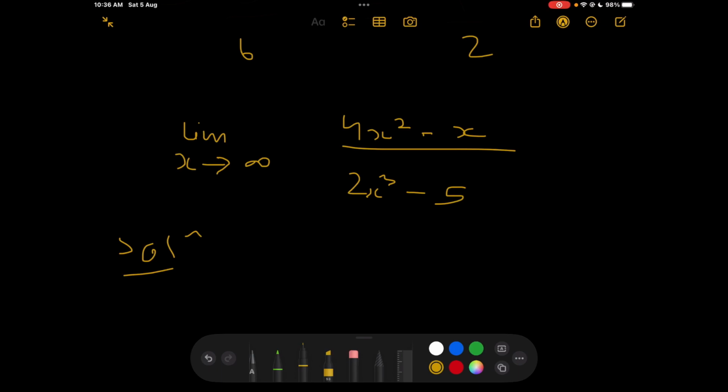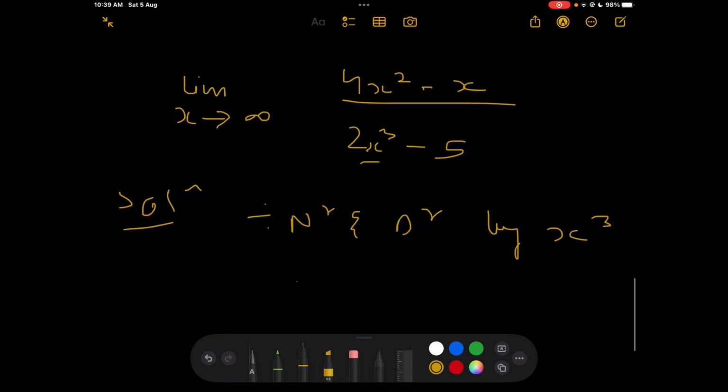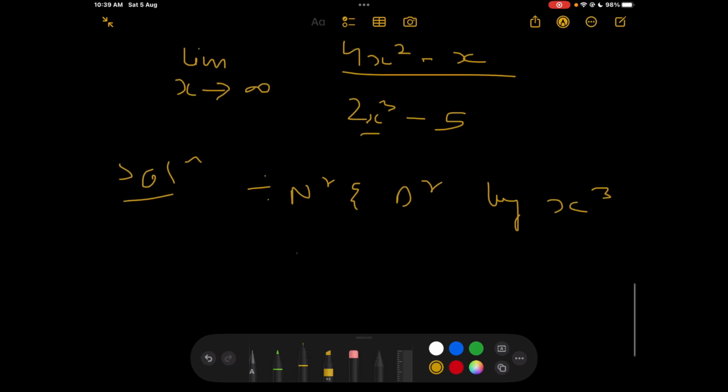In the second part we are given limit x tends to infinity (4x square minus x) upon (2x cube minus 5), so we need to first divide the numerator and the denominator with the highest power of denominator, that is x cube. So that will be our first step.